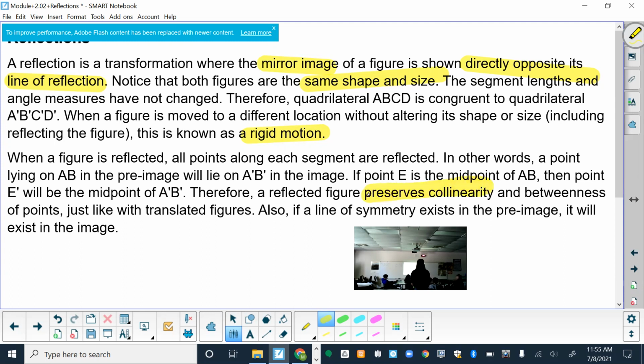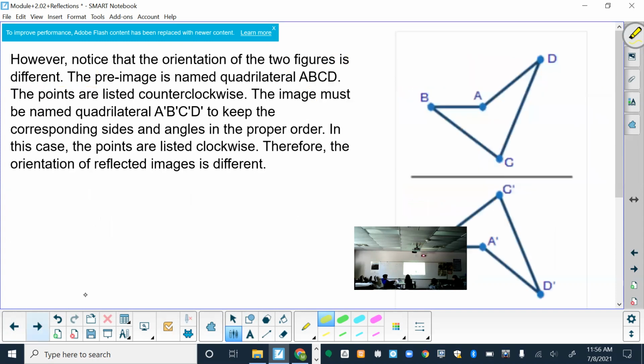It preserves collinearity and betweenness of points, just like with translated figures. Also, if there's a line of symmetry in the pre-image, it will exist in the second. All right.